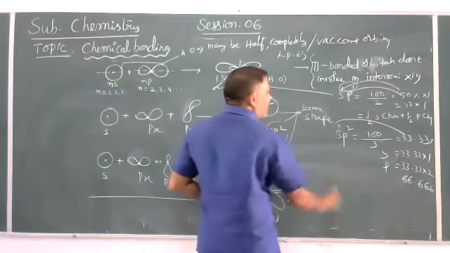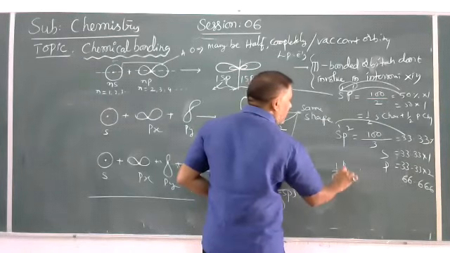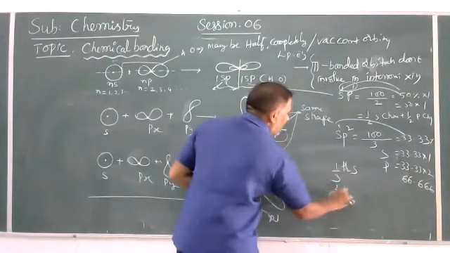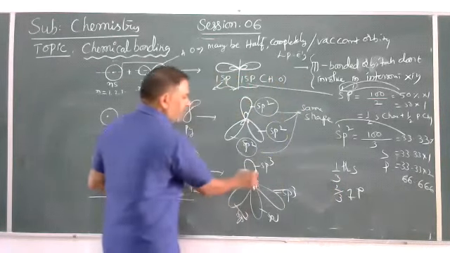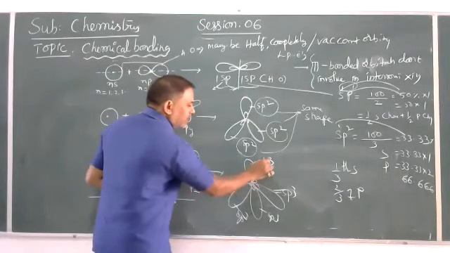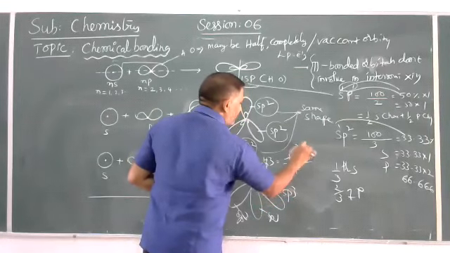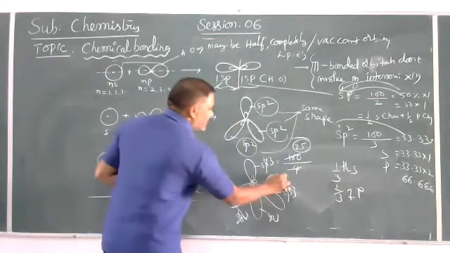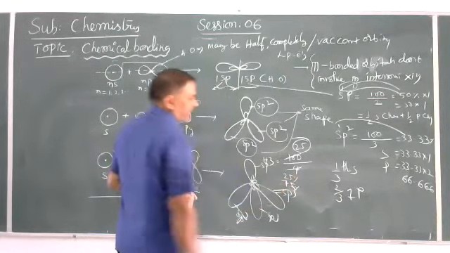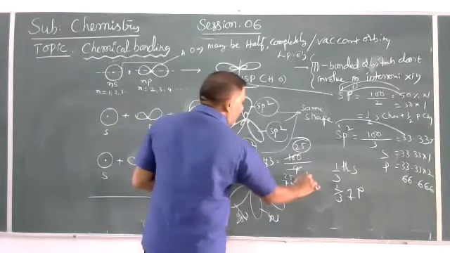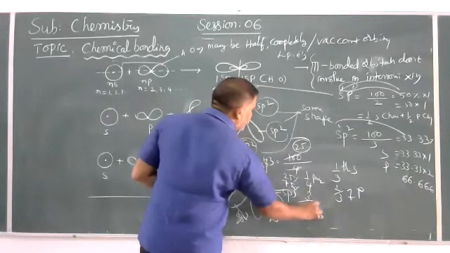In terms of fractions, 1 by 3 of s character and 2 by 3 of p character. Similarly, in sp3, 1 plus 3, 4 are there. Total 100 divided by 4, each one is 25 percent. s is 25 percent and p is 75 percent. In fractions, 1 by 4 of s character and 3 by 4 of p character.